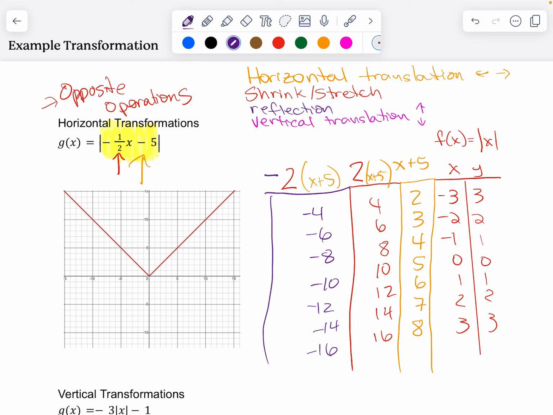And I'm going to plot these points. So -4, 3. So I'm going to go to -4, then 1, 2, 3. And -6, 2.